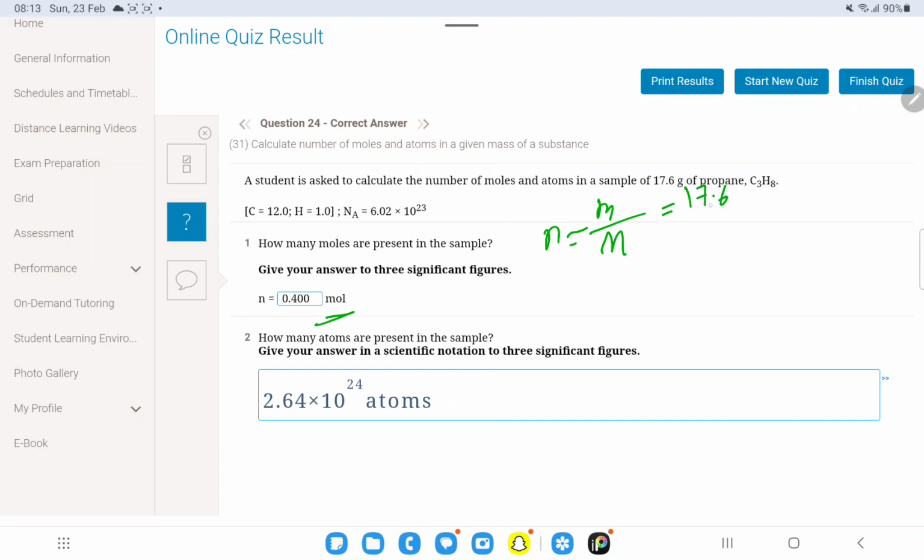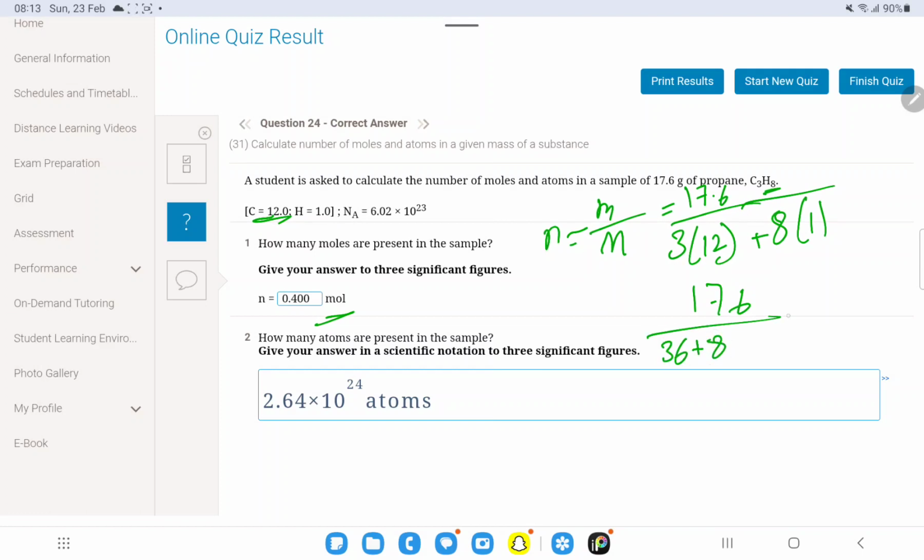Mass is 17.6, and C3H8, 3 times molar mass of C is 12, so 3 times 12 plus 8 times 1, so 17.6 over 36 plus 8 equals 44, and then you divide it to 0.4, 3 significant figures, add 2 zeros.